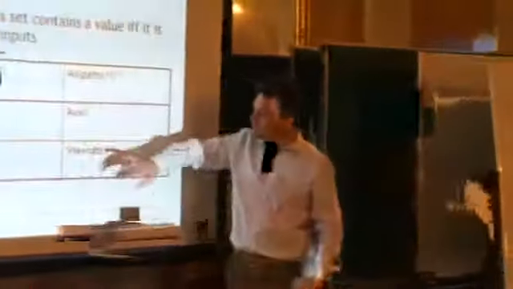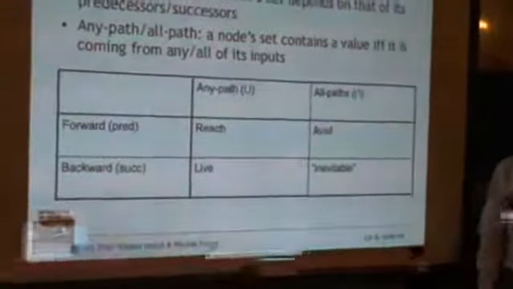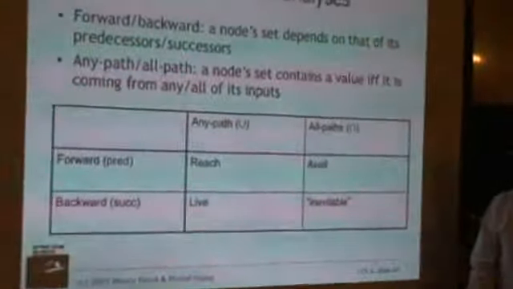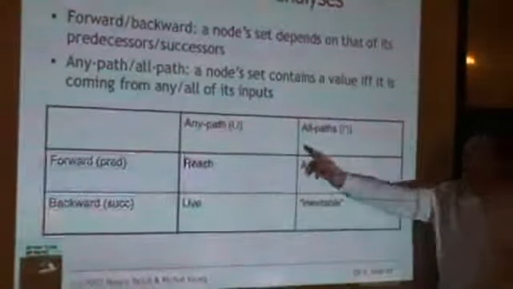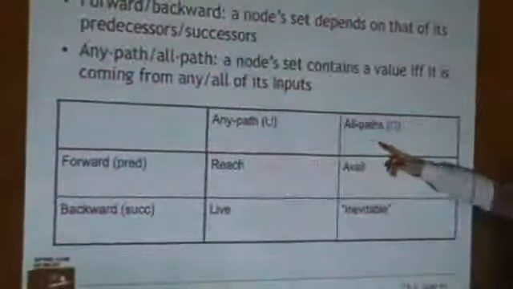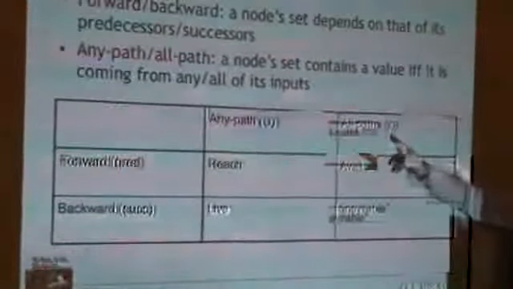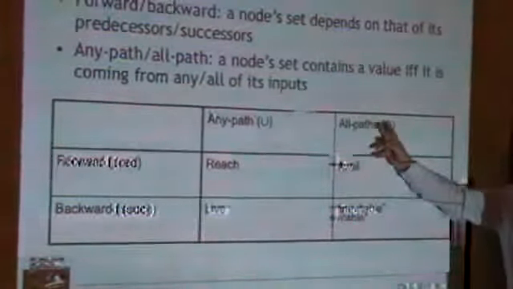In general, you have four possible combinations. Let me tell you which are the combinations. You have at least one, any path, which is a union. All paths, which is an intersection. These can be seen as reach and avail.